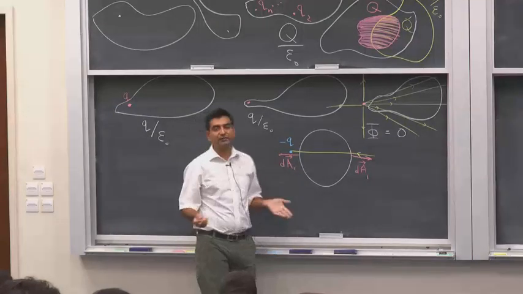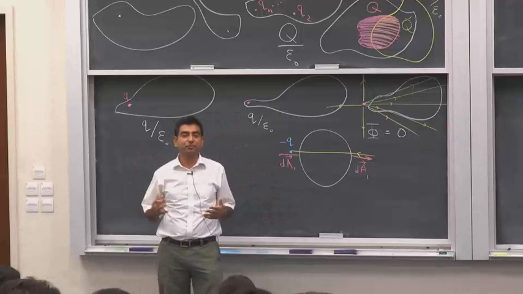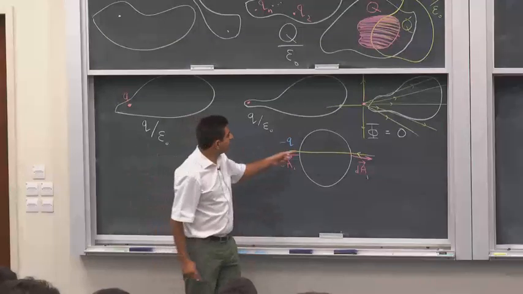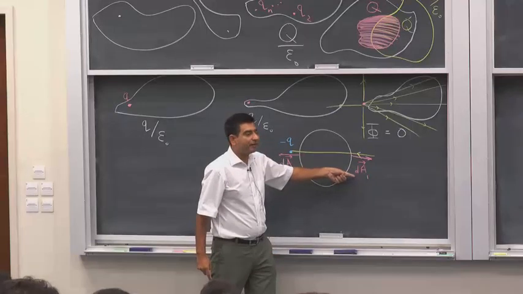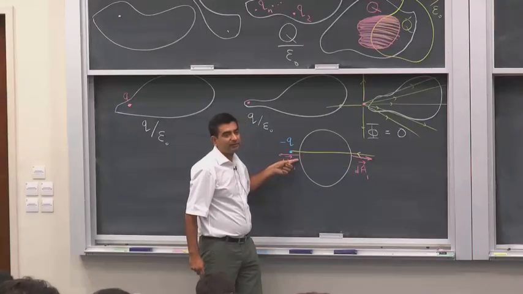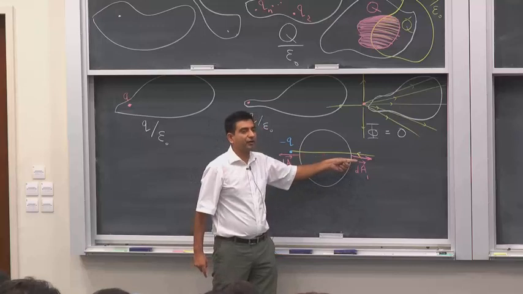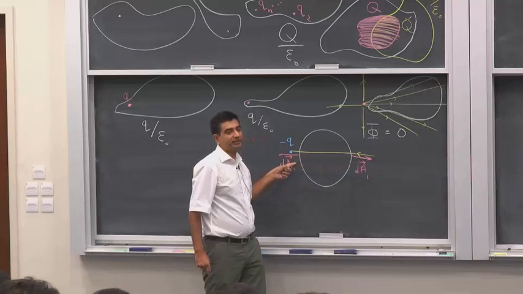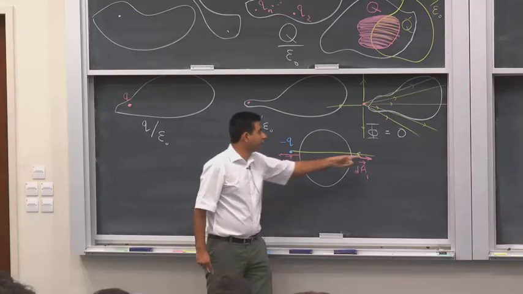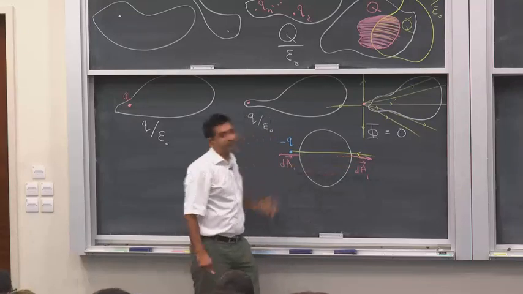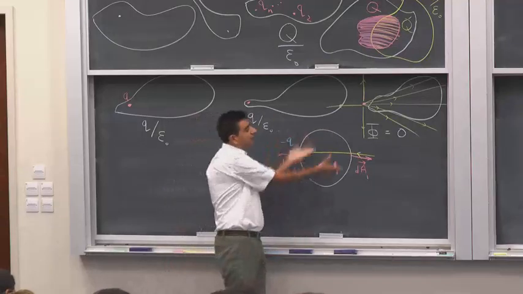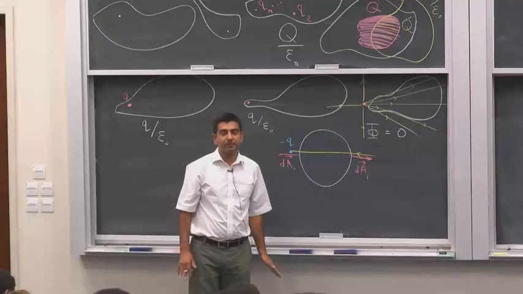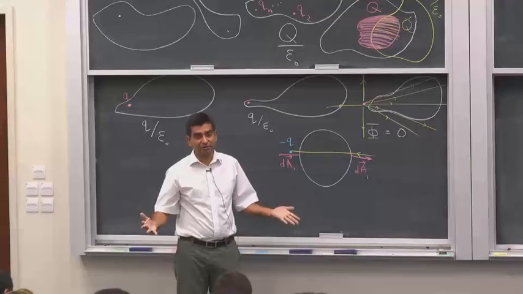It's normal to the surface because by convention we're taking the area vectors to be pointing normally outwards. So here the electric field and the area vector are 180 degrees apart. Here they are parallel. So this would give a cosine theta which is negative, this would give a cosine theta that's positive, and the contributions would be equal. So the flux corresponding to this electric field line will cancel out. So the total flux through this surface is going to be zero because it does not enclose any charge.